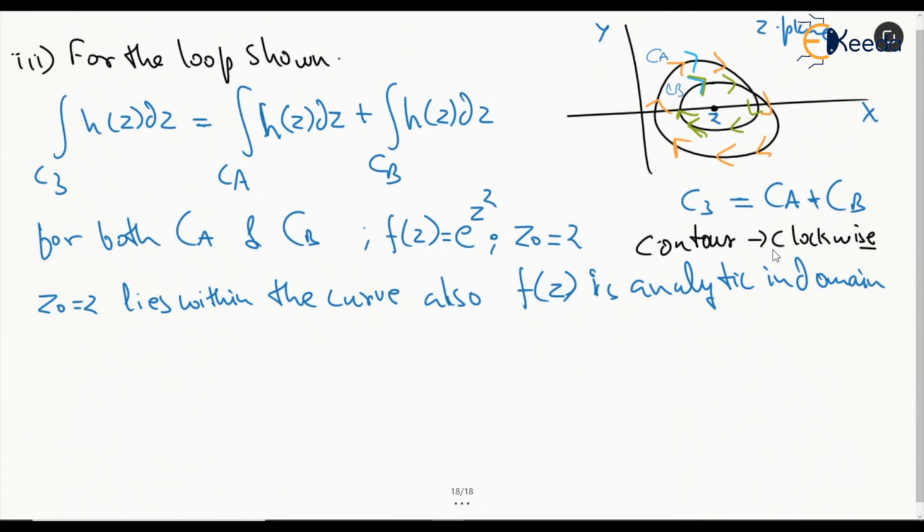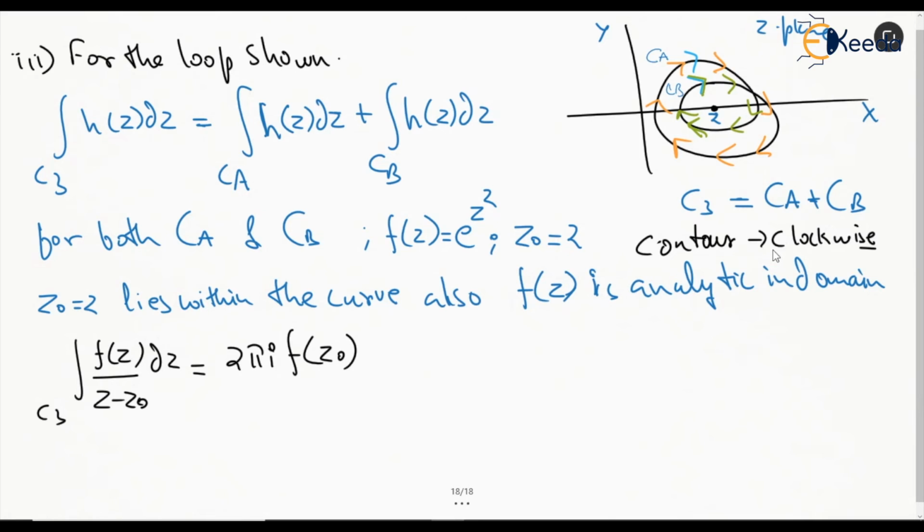So instead of whatever formula we had, the formula was, let's write C3 only, f of z by z minus z naught dz equal to 2 pi I times f of z naught, right? But this is the general formula.